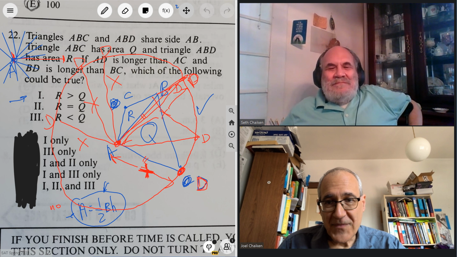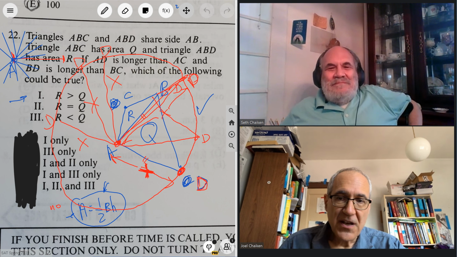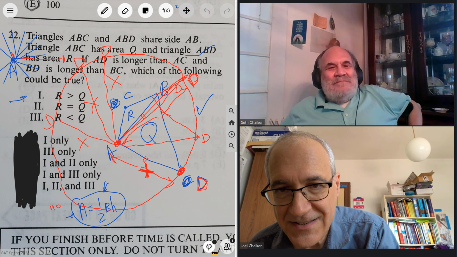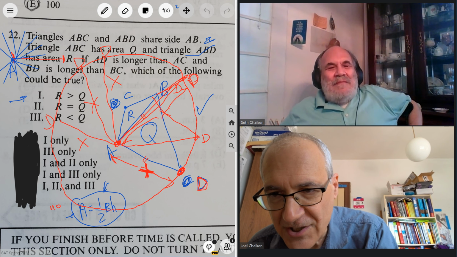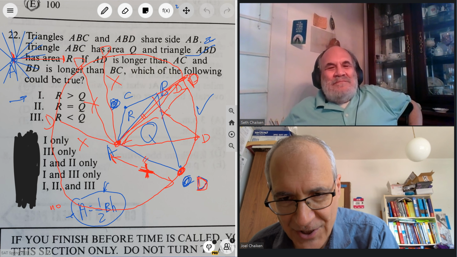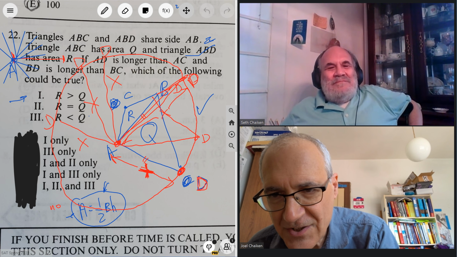Let's say you don't. Maybe one approach to this is more of a brute force, and draw some pictures and play with it. The picture I drew, which is completely consistent with what they said, clearly R is less than Q, right? It's pretty obvious that this is a totally valid picture I drew, and R is less than Q. So this is good.